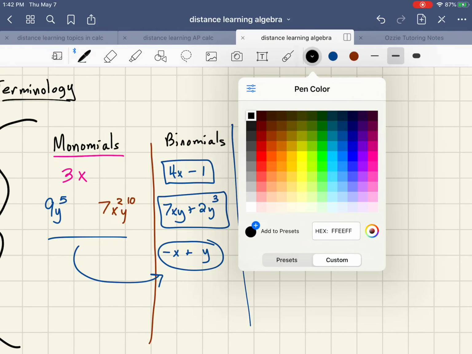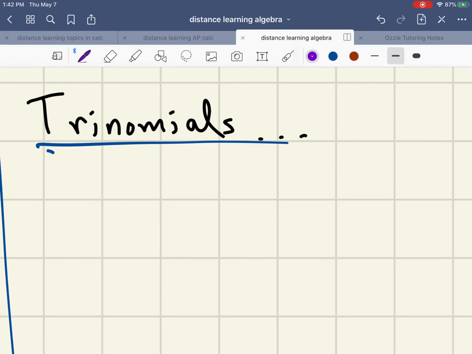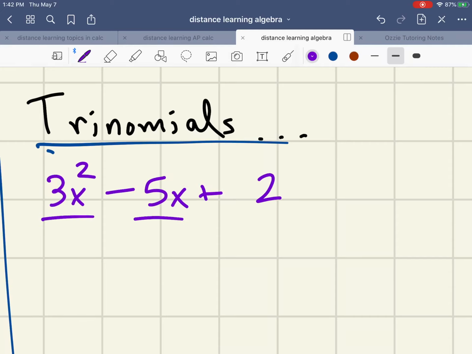And that's when you have three monomials together. So an example, 3x squared minus 5x plus 2. Monomial, monomial, monomial, with subtraction and addition in between them. And there's a trinomial. Now you might look at that too and say, why is that a monomial?